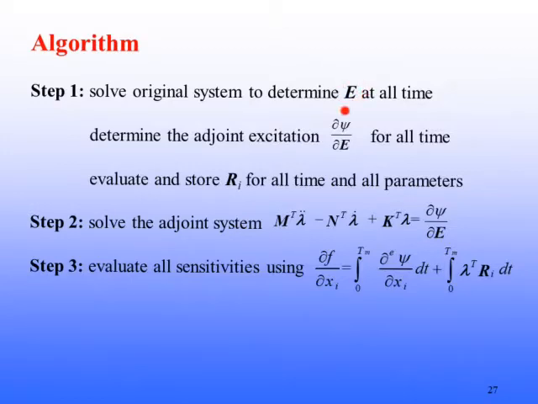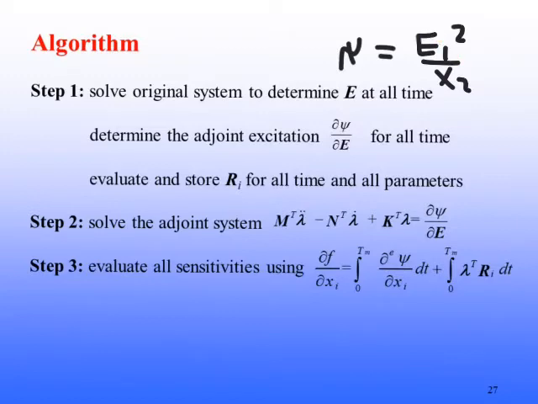Once I know E, I can calculate partial psi partial E. For example, in the example I've given you earlier, we said that psi was, I think, E1 squared divided by x2. Okay? Then if you differentiate this term relative to E, it's only a function of E1.